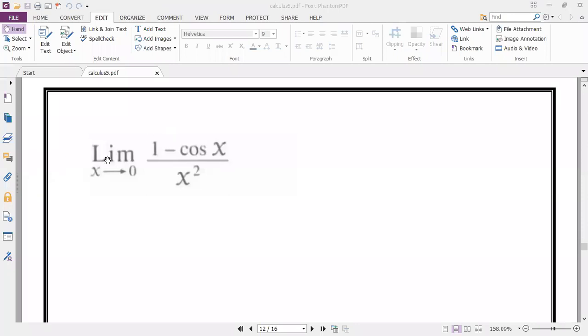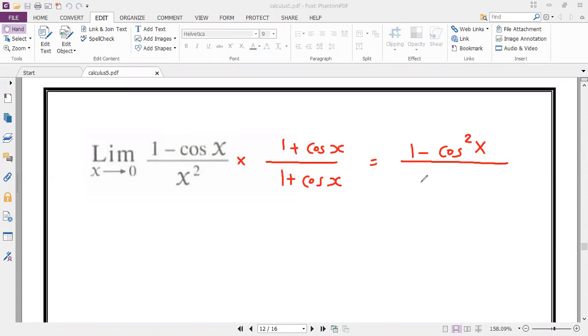In this example here, I have a limit of 1 minus cosine x over x squared when x tends to 0. So we are going to multiply by the conjugate, which is 1 plus cosine x, up and down. You know, 1 minus cosine x multiplied by 1 plus cosine x is going to be 1 minus cosine squared x, all divided by x squared multiplied by 1 plus cosine x.